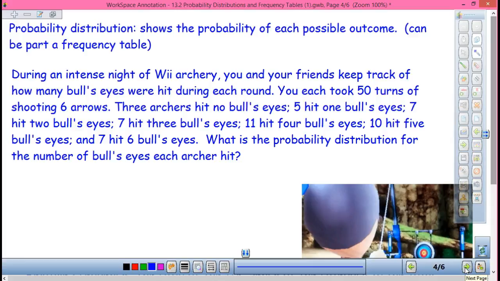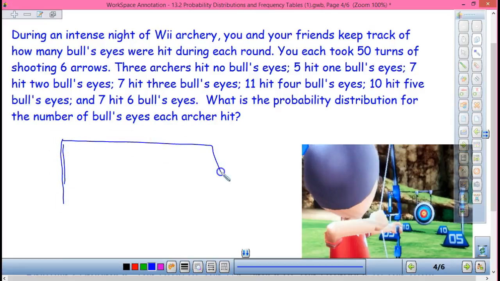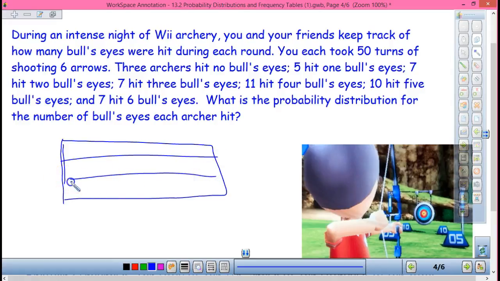Alright, so sometimes we have to make a frequency table. We've got Wii archery going on, keeping track of bullseyes. Got 50 turns. So the way we set this up, you're going to need 3 rows.